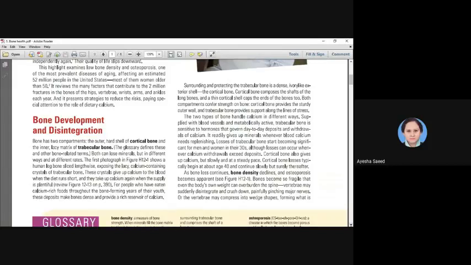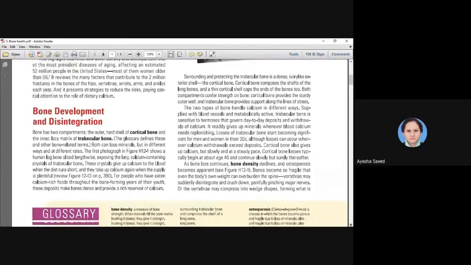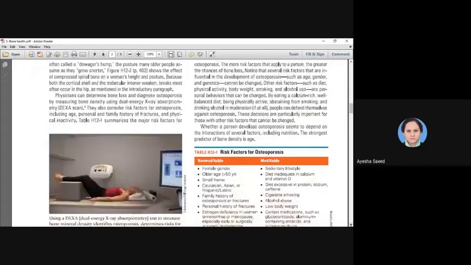Bones become so fragile that even the body's own weight can overburden the spine. Vertebra may suddenly disintegrate and crush down, painfully pinching major nerves. So, our vertebral column may dissolve and crush down, pinching the nerves in between the bones of the vertebral column, or the vertebra may compress into wedge shapes, forming what is often called a Dowager's hump, the posture many adults assume as they grow shorter.